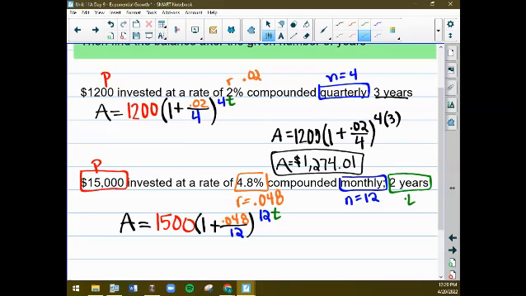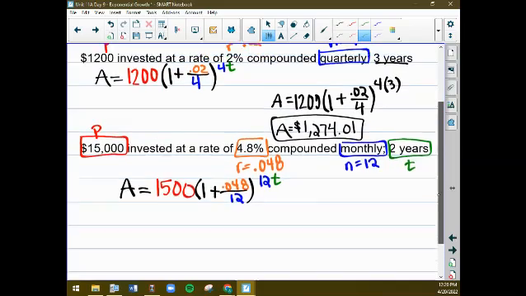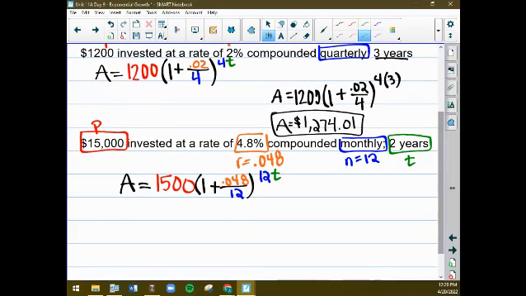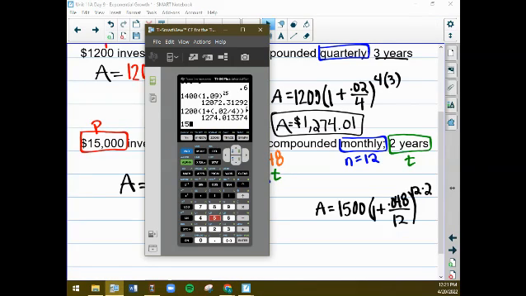Then I want to find after 2 years. And then I plug in t, and I would have A is equal to 15,000 times 1 plus 0.048 over 12 to the power of 12 times 2. Okay, and I can type that into the calculator. 15,000 parenthesis 1 plus parenthesis 0.048 divided by 12, double parenthesis close, exponent 12 times 2.